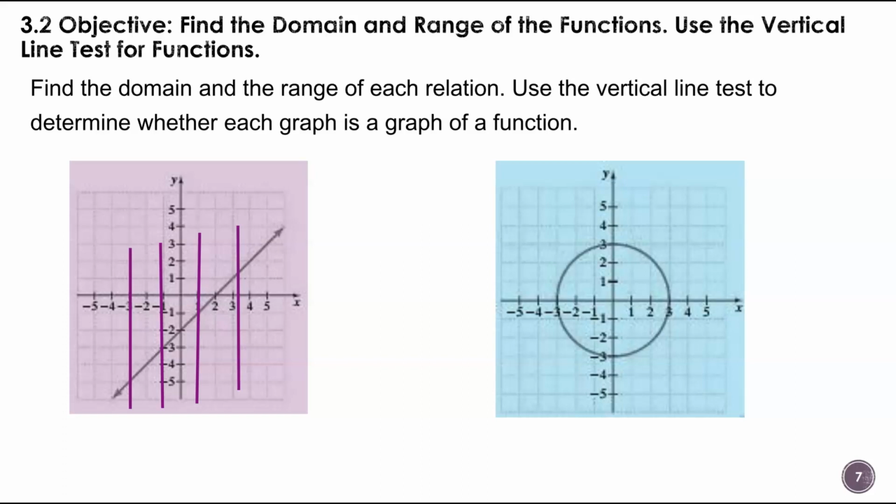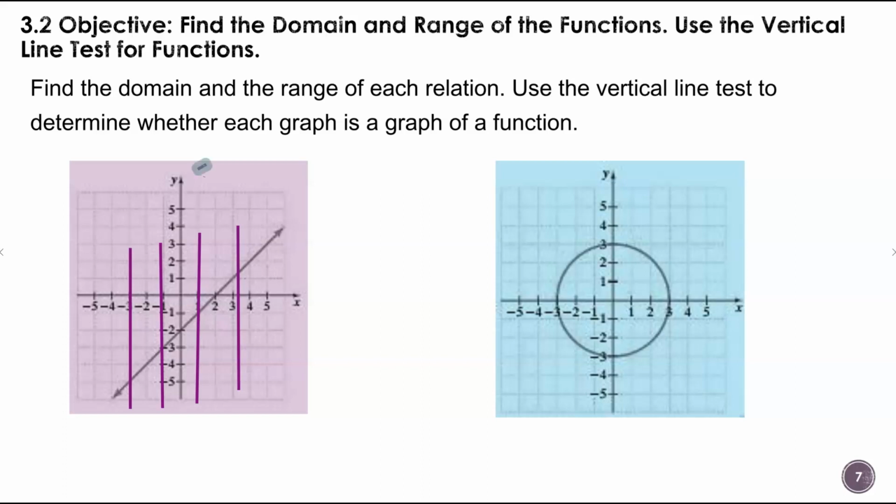No matter where I draw the vertical line, I will get only one intersection with the line that is graphed. And that's what I'm looking for, right? On my graph, which is the graph of this line, are there any vertical lines that would intersect more than one time? So this is a function, right?